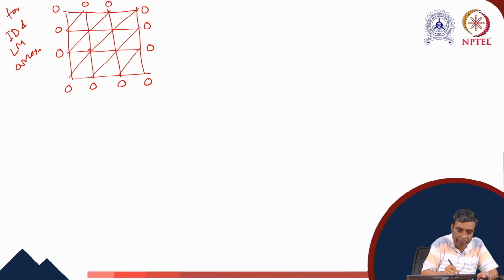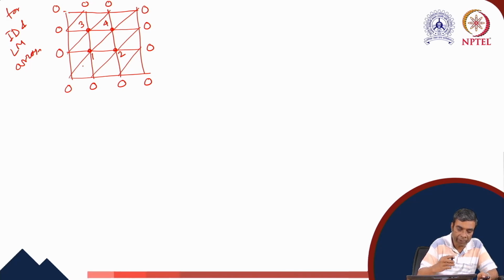So here, at this node, our global equation number is 1. Here we get global equation number 2. At the internal node we get global equation number 3, and finally for the last internal node our global equation number is 4.